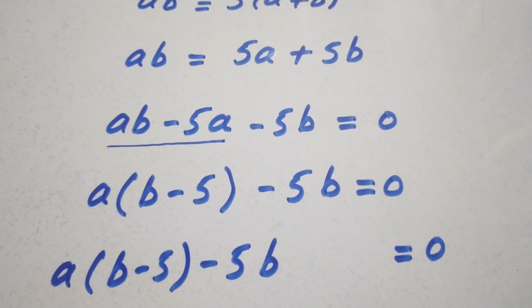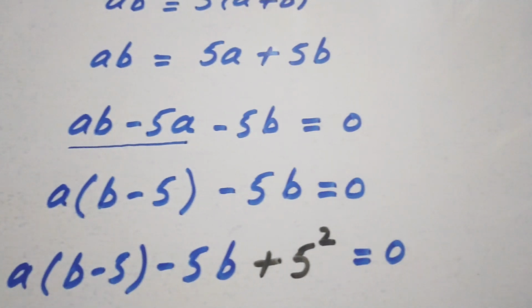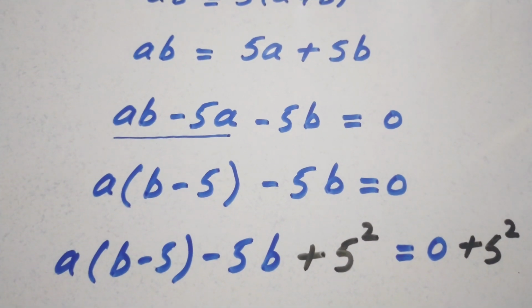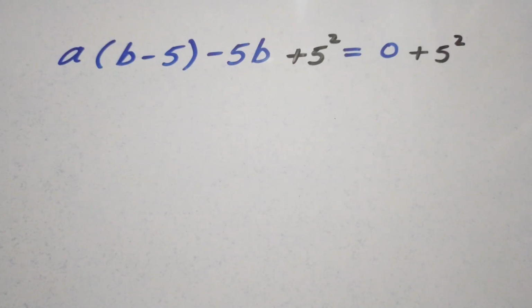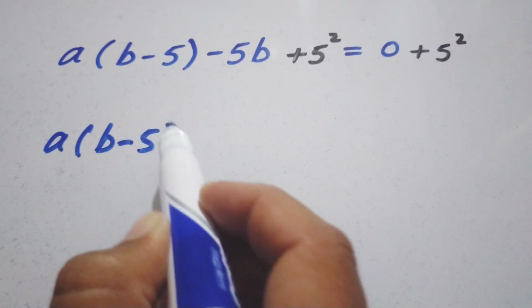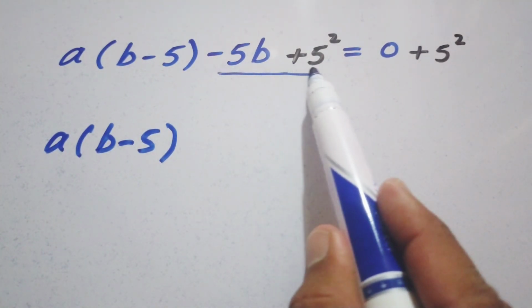Now as we have a into b minus 5, minus 5b is equal to 0. Now adding 5 square on both sides, so at the left hand side we will add 5 square, and we will also add 5 square at the right hand side. Now a into b minus 5, and we can factor out minus 5 from these two terms.